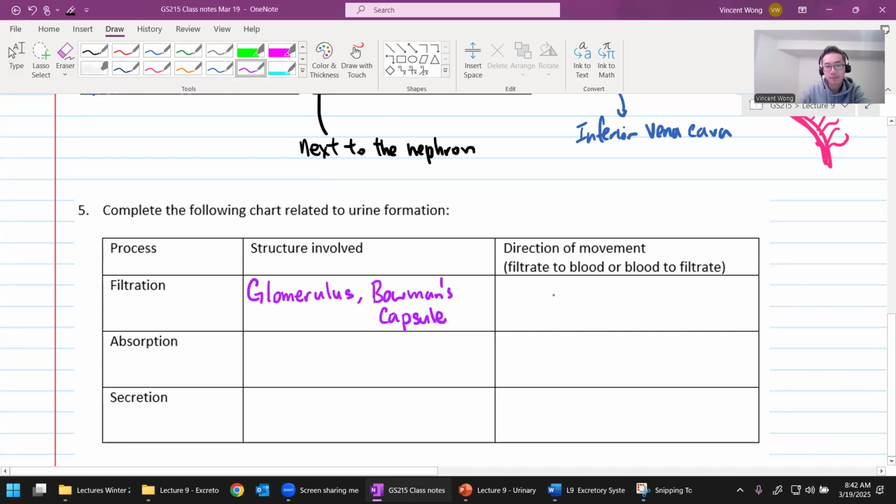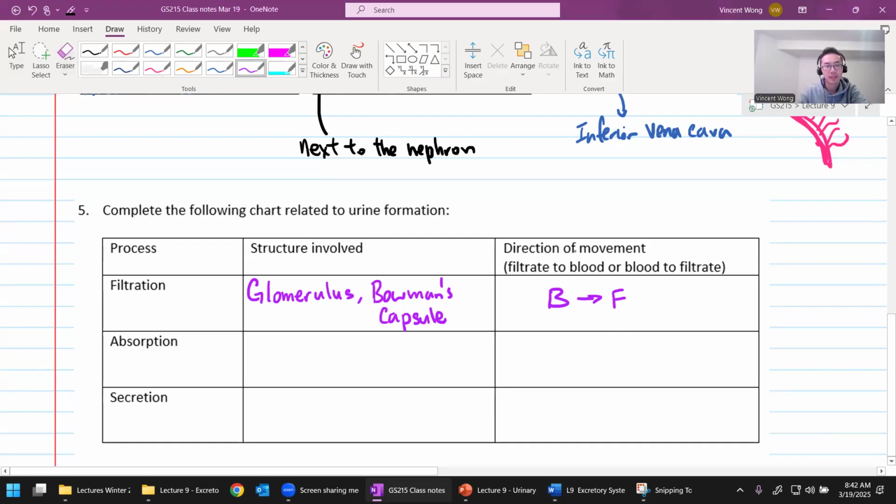And this one is going from blood to filtrate. We're taking stuff from the blood, squeezing them out of the glomerulus, and all those things that are coming out will be captured by the Bowman's capsule. And that's going to be the filtrate.